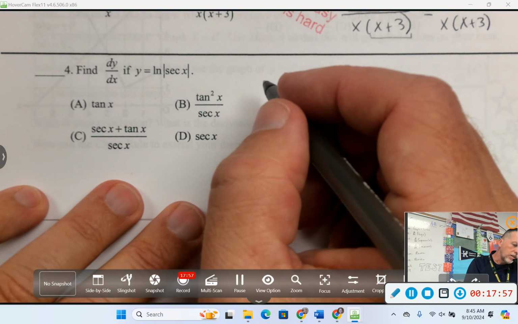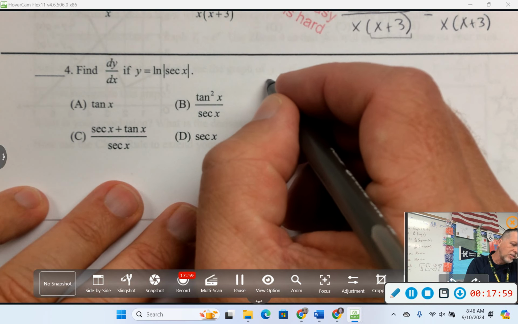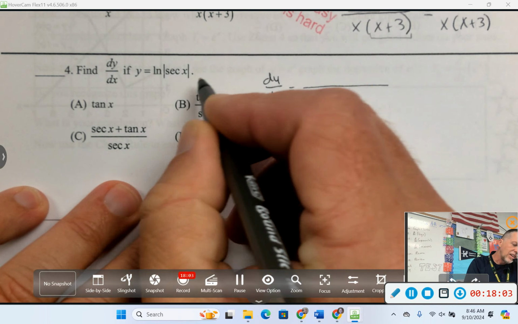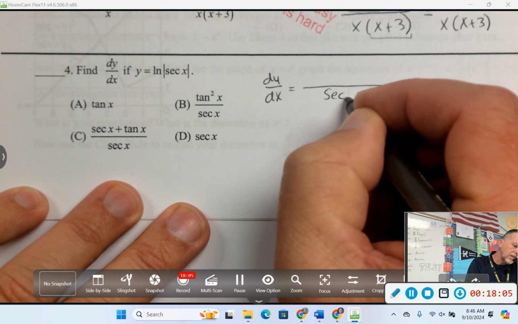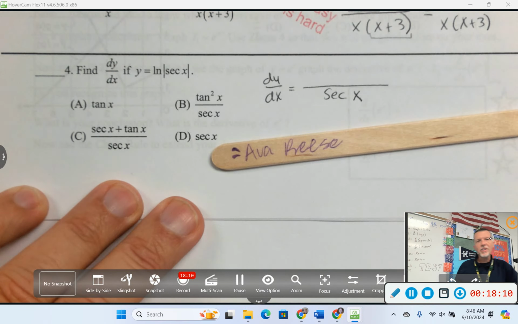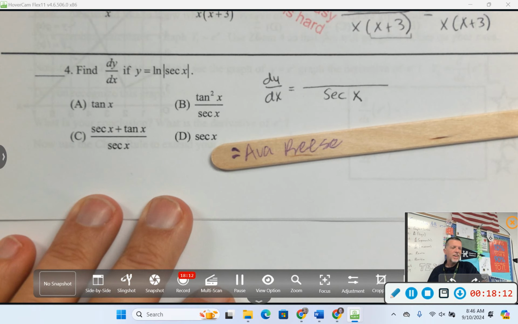Number 4. Find dy/dx if y equals natural log of the secant of x. So 1 over the argument. Alright, Ava, we go from asking people for the derivative of x and 2x to the derivative of secant. So you're really on the spot here.